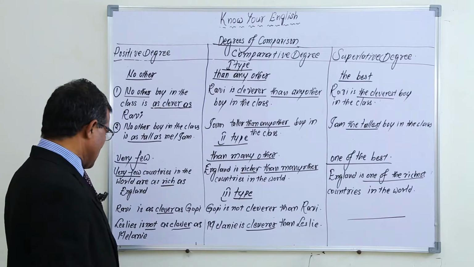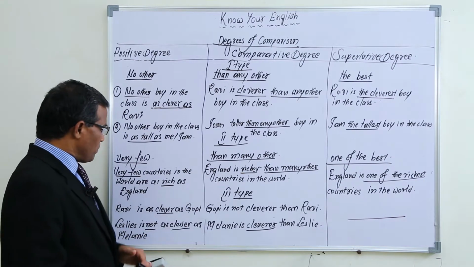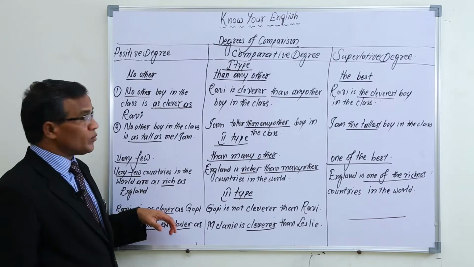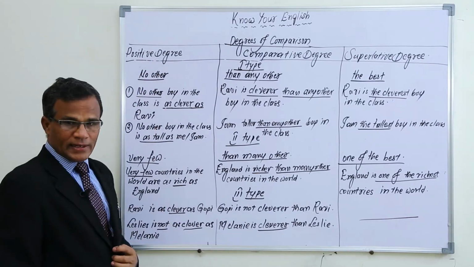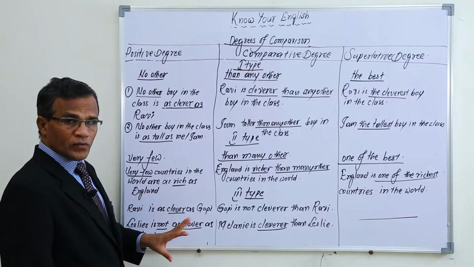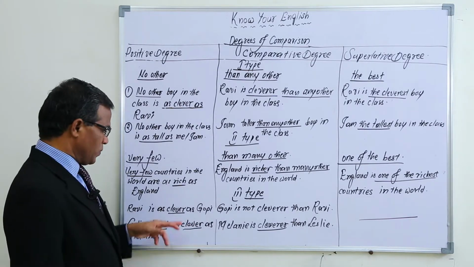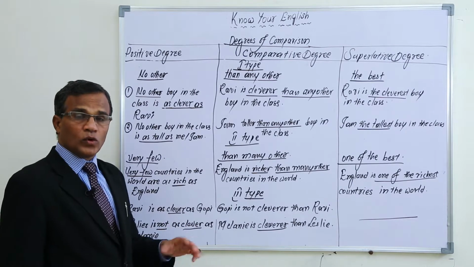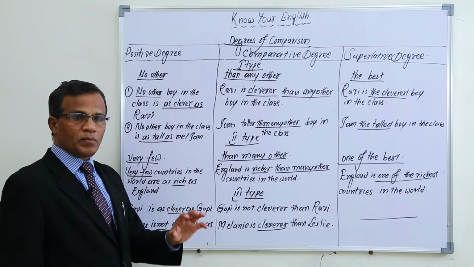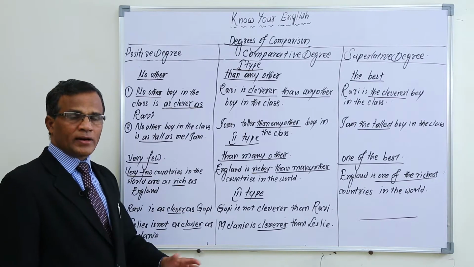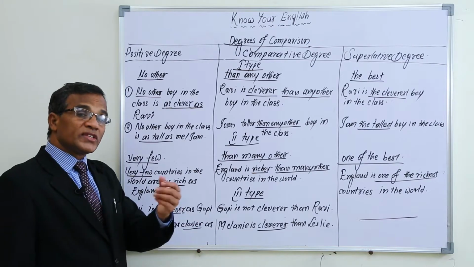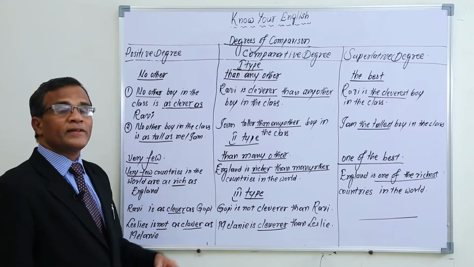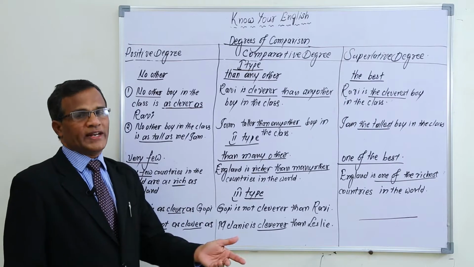And the third type here. When a positive sentence is there, we are not talking about positive degree here. Positive sentence means in a sentence, if there is no word like not, n't, or never, that sentence is called a positive sentence.